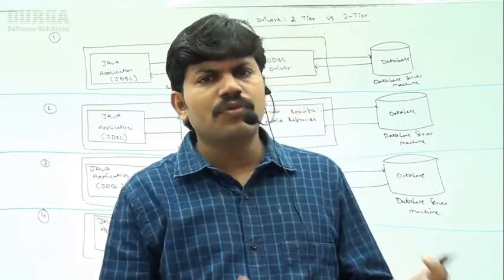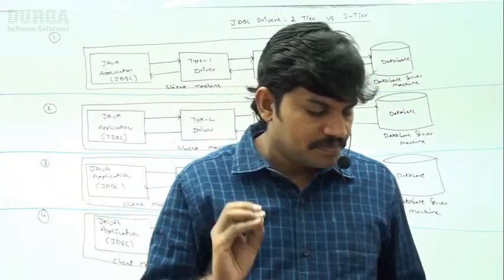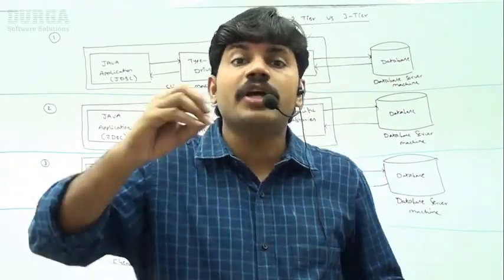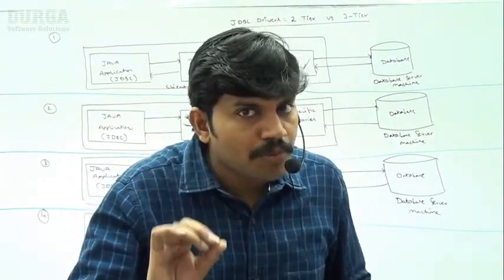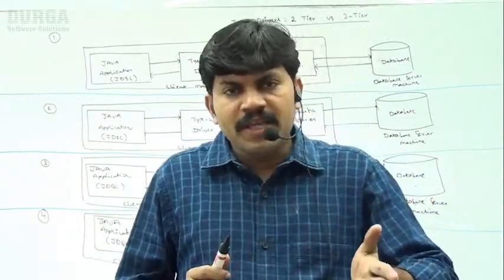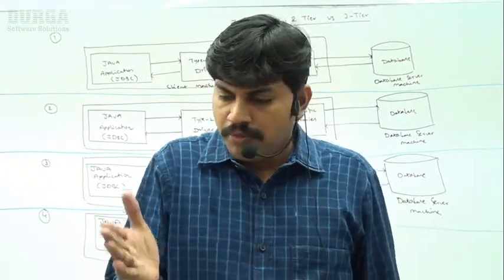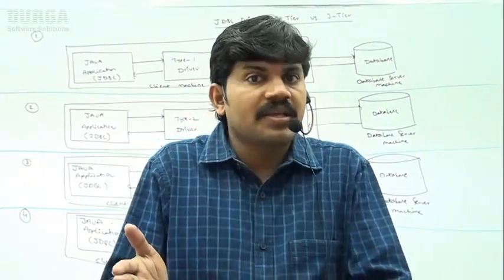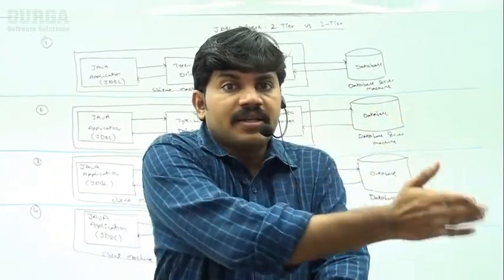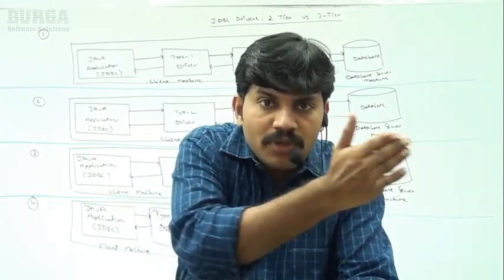What is the meaning of 2-tier, 3-tier and n-tier? Let me talk about that. Which driver follows which architecture? You should have clarity on this, right? Very simple. How many levels of divisions are there? Presentation tier, business tier, and after that the data tier, what we call the database tier, like multiple tiers.